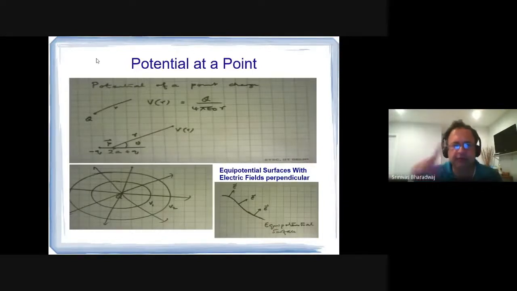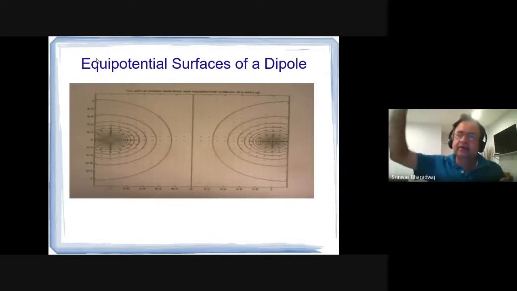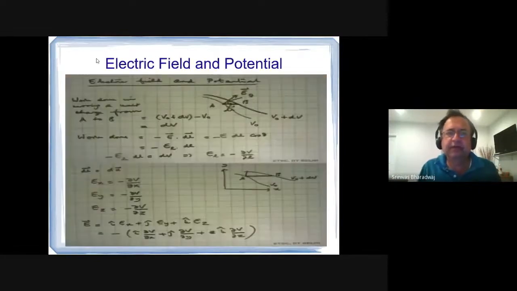All these points are part of the equipotential surface, and the field would be normal to that, right? So that's how we define potential. And then we said you have these equipotential surfaces, and then you have the gradient. Gradient is how fast something rises up, and so that's how you have the gradient.